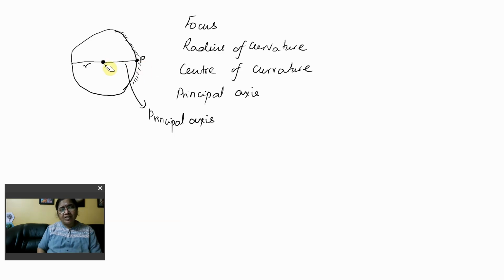Let us say this is at 0 centimeter and this is at 6 centimeter. Then your focus will be at 3 centimeter. Halfway from P to R, that is necessarily, remember, your focus F is equal to generally R by 2, where R is the radius of curvature.